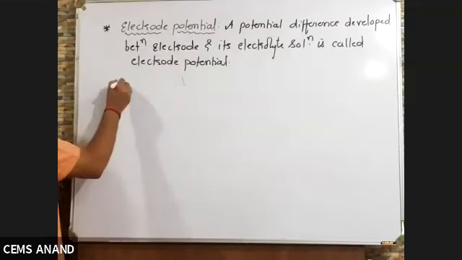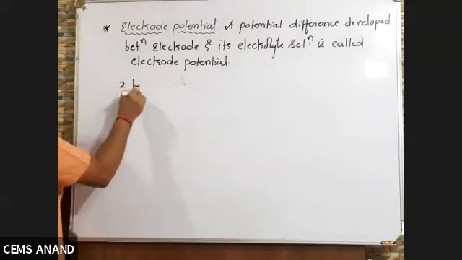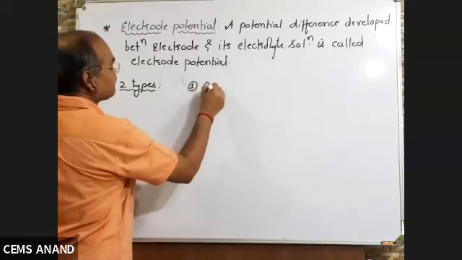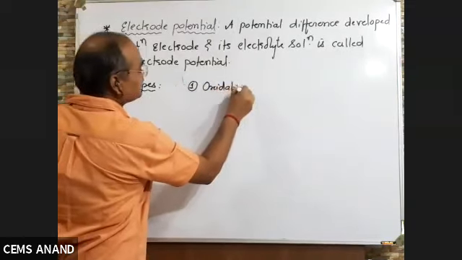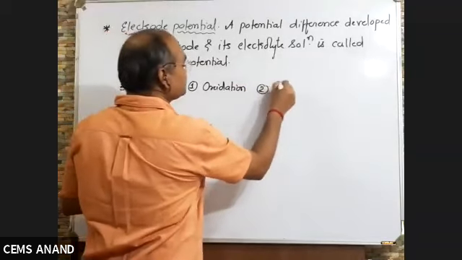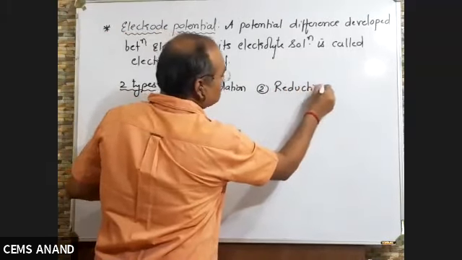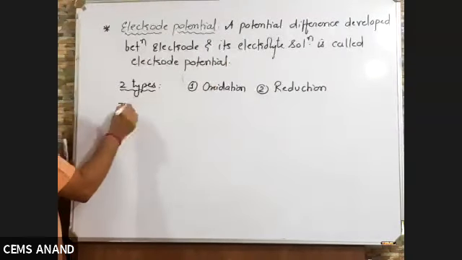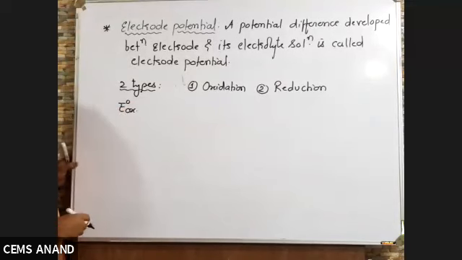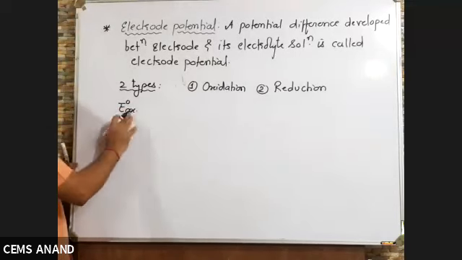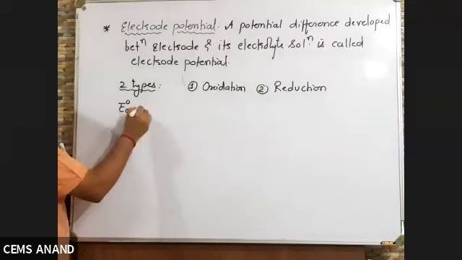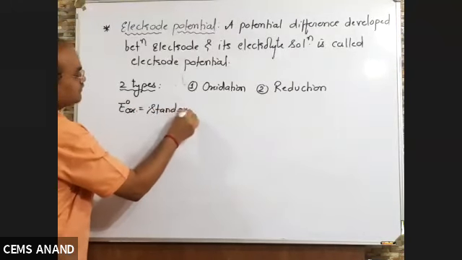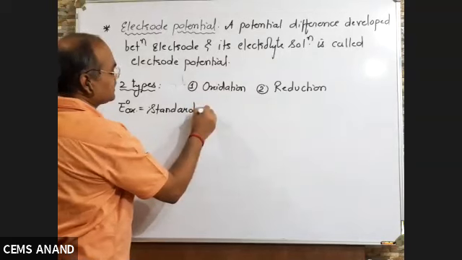Now there are two types of electrode potential. One, oxidation, and second, reduction electrode potential. Now what is oxidation potential? For that, we used to write the symbol E0OX. Actually, there is a full form oxidation, but in short, we used to write E0OX. E0OX is what? Standard oxidation potential.